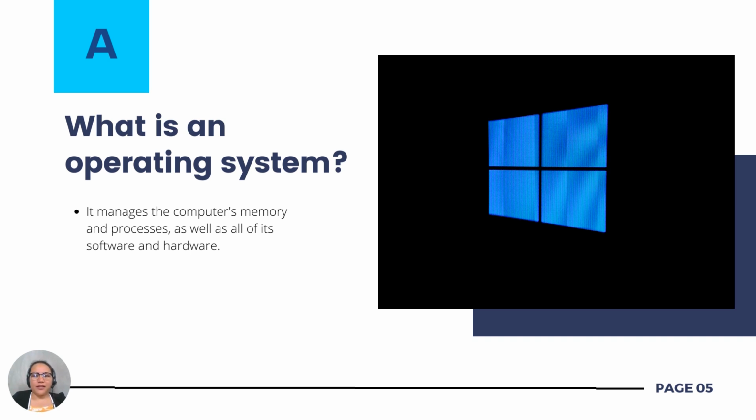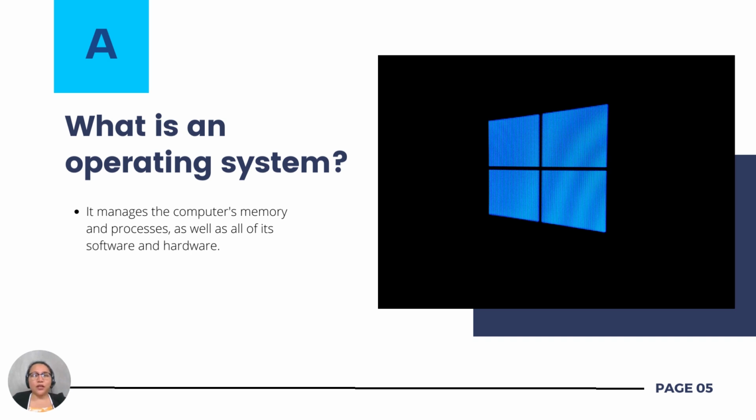Your operating system allows you to communicate with your computer without you knowing how to speak the computer's language. I have mentioned in the previous lessons that your computer can only understand two languages, and that is 0 and 1, those two binary codes.